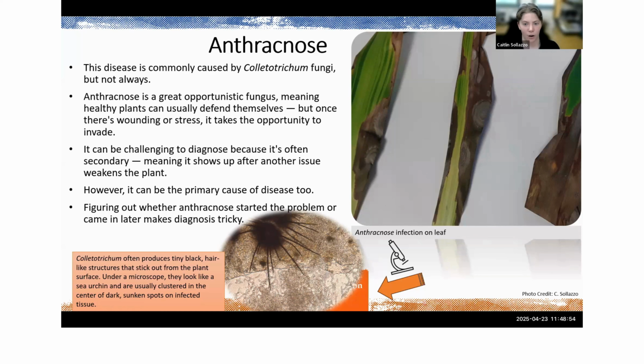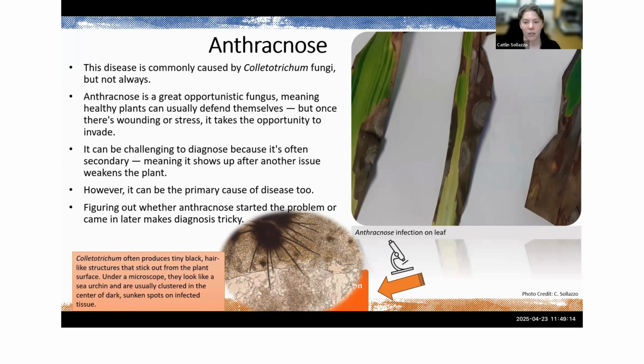It mostly doesn't matter. Sometimes, because I like to nitpick, ecologically Colletotrichum is the fungus and anthracnose is the symptoms. Regardless, that's another soapbox.